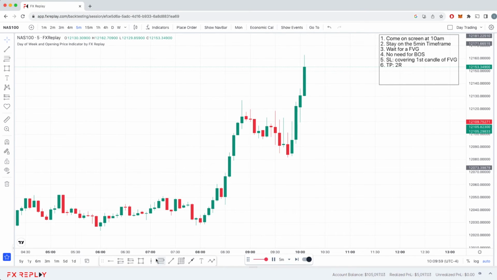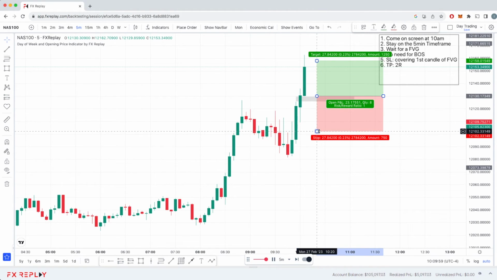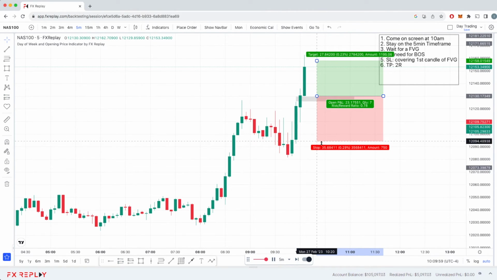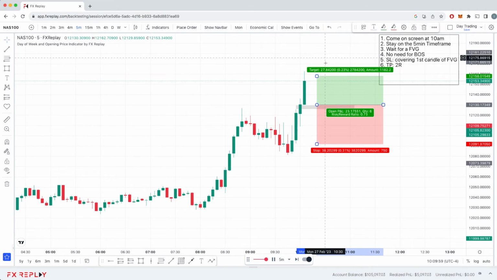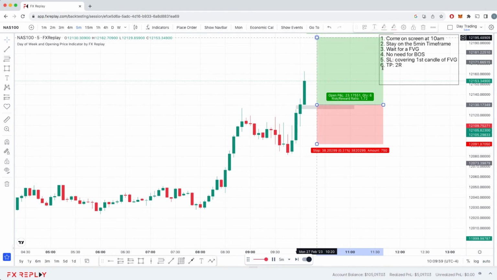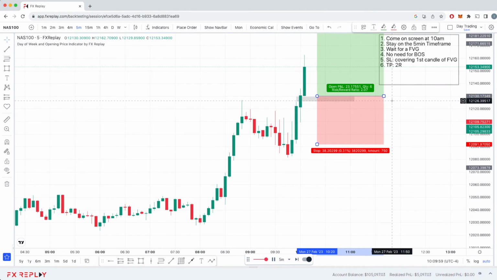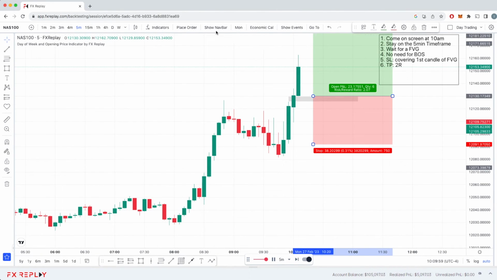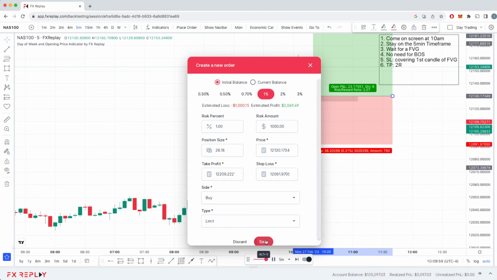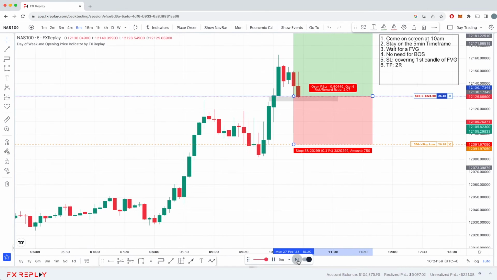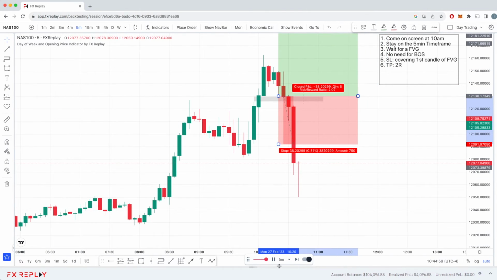Nice fair value gap. We put the entry right there. So this one's a loss.